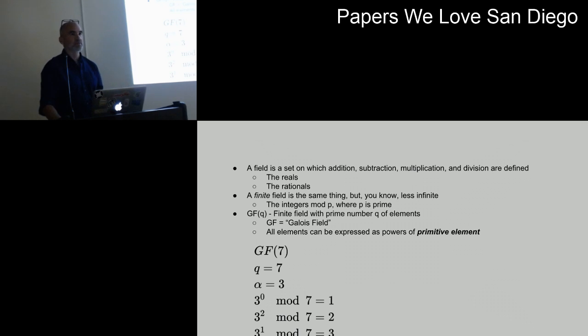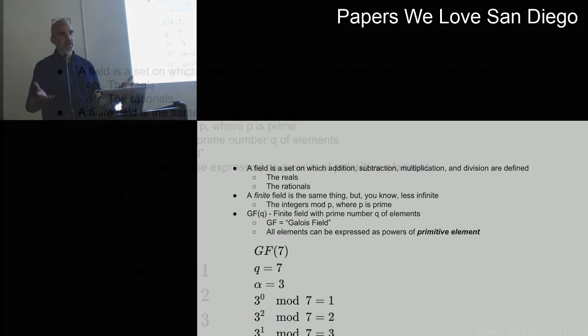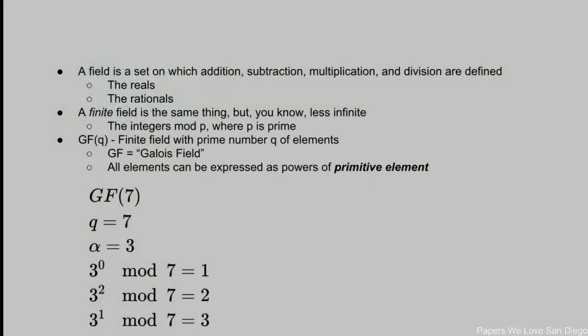The simple cases are things like the real numbers and the rational numbers. Those sets, of course, are infinite. What we want here is a finite field because we're dealing with basically integers. We're dealing with binary numbers that we can generate somehow, which we're going to think of as integers. And there is a type of field called a finite field that is composed of integers.